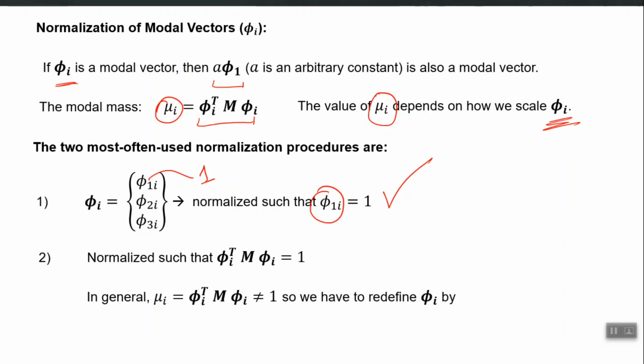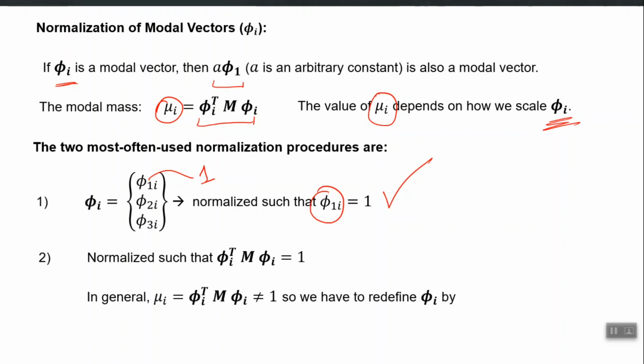When you extract the mode shape from a program called Perform 3D, by default they are normalized this way, with the roof number always set equal to 1 and the others relative to that.